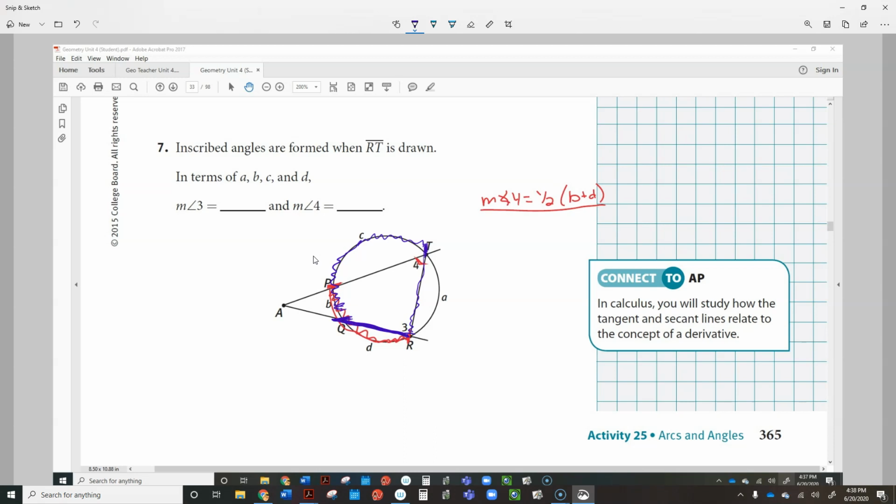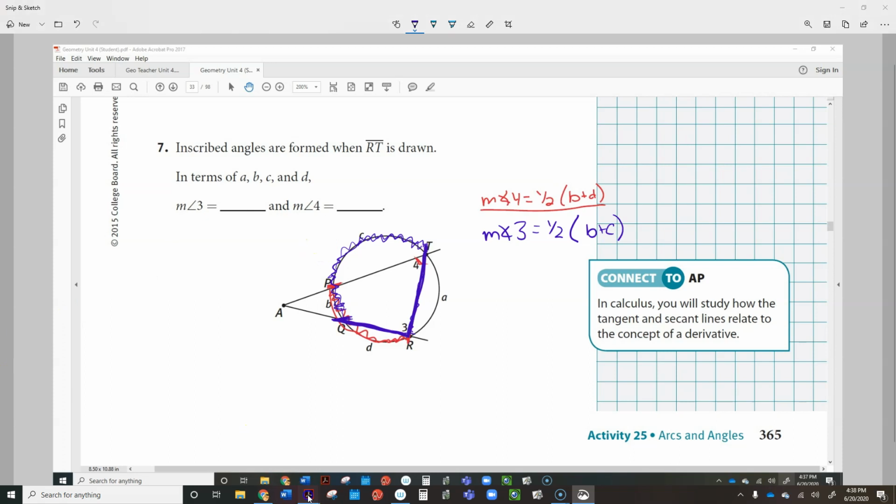So we've got this leg and we've got this leg. And then this is the piece of the circle that's between the two sides. So those are labeled B plus C. So the measure of angle 3 is going to be half, because it's inscribed, B plus C.